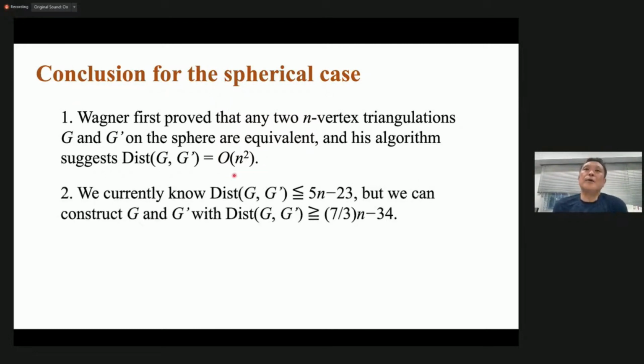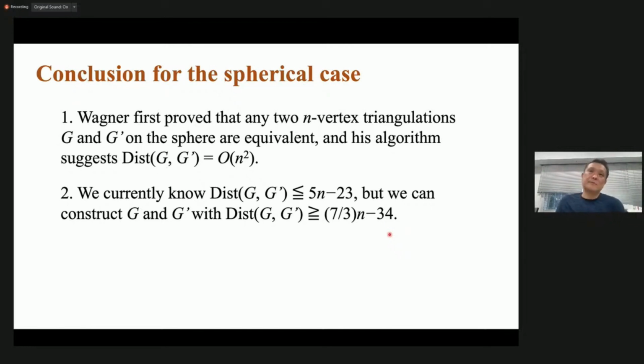We currently know the flip distance for any two triangulations G and G prime on the sphere is at most 5n minus constant, but we can construct G and G prime with flip distance at least this many diagonal flips. So we want to know the exact coefficient.